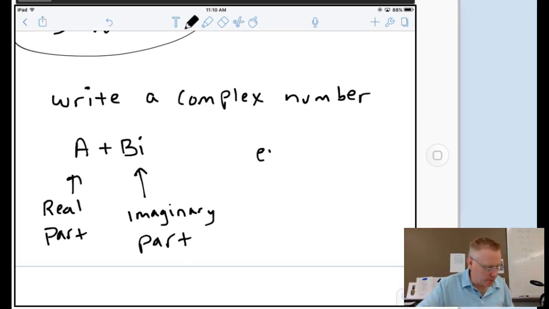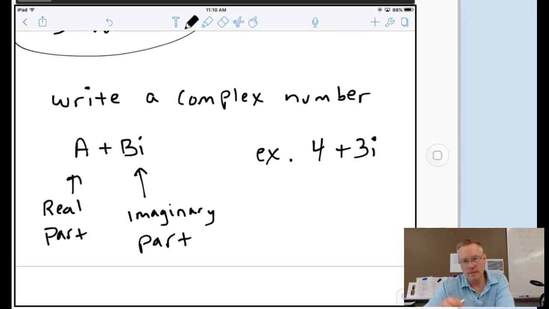An example of this would be like 4 plus 3i. So proper notation is putting the regular number first, the real number first, and the imaginary part second. Okay, so you should go 2 plus 3i or 4 plus 3i, not 3i plus 4.